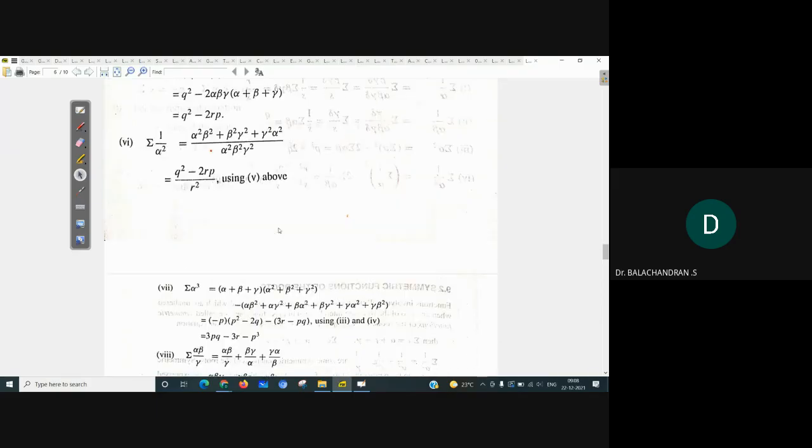The numerator is a summation of alpha square beta square divided by alpha beta gamma. So summation of alpha square beta square, that is q square minus 2rp, divided by minus r. Because of this minus r, they wrote 2pr minus q square by r. So you can do it in any method.